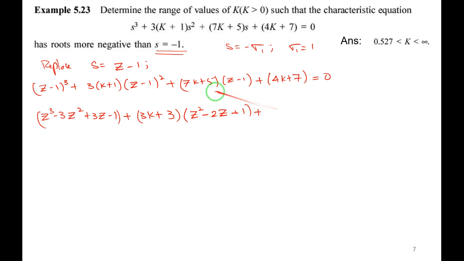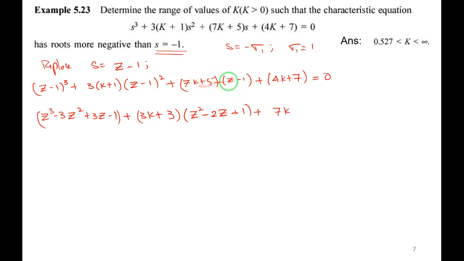Next, let me multiply with this 7k plus 5. One minute, let me check if I am doing it properly or not. Is it fine? Yes, this is fine.